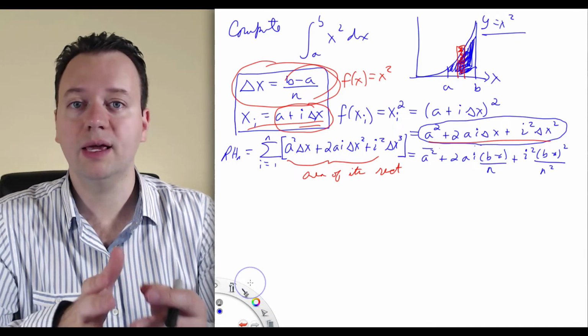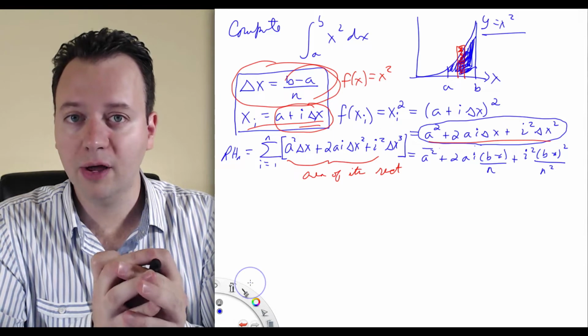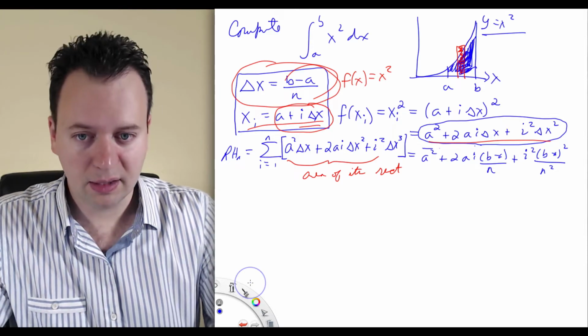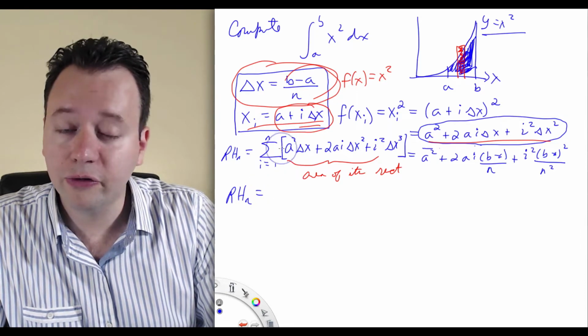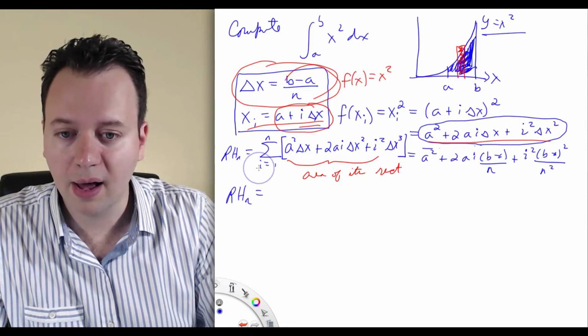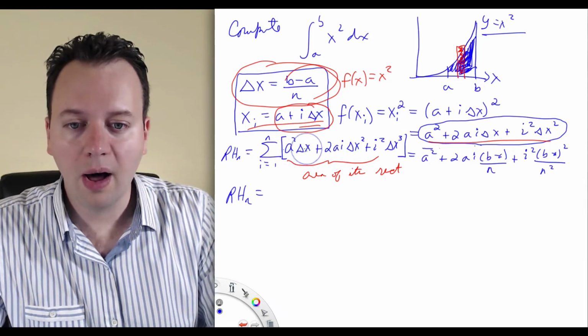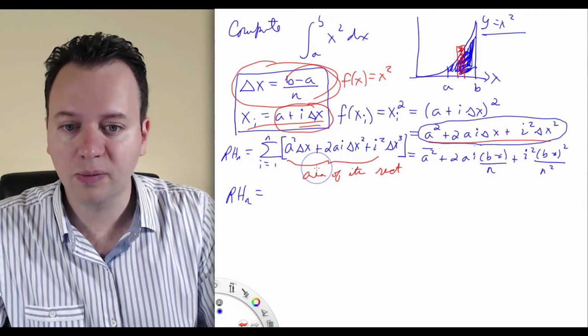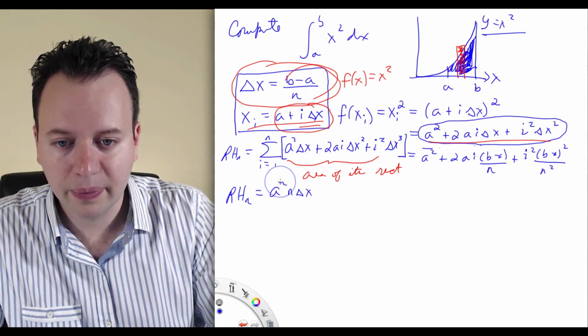We can actually use some of our summation formulas from when we talked about summation notation to sum this thing. So the right-hand Riemann sum with n subintervals: the first term is a constant with respect to i. The index of the summation i goes from 1 to n, and there are no i's in the first term, so we just multiply that by n. So it's a squared n delta x.